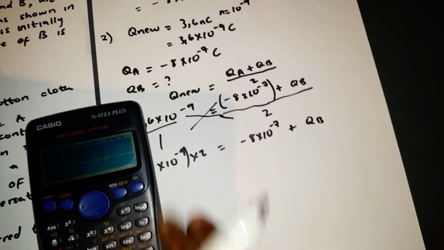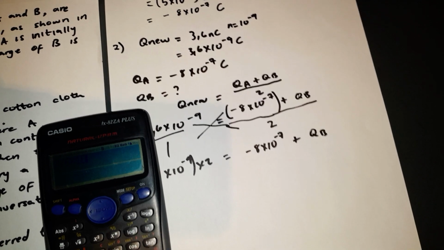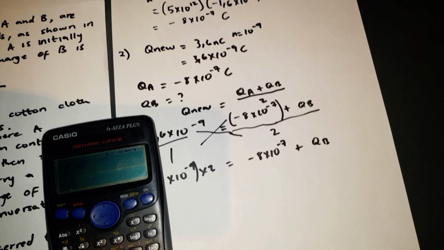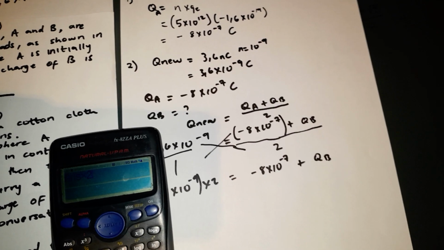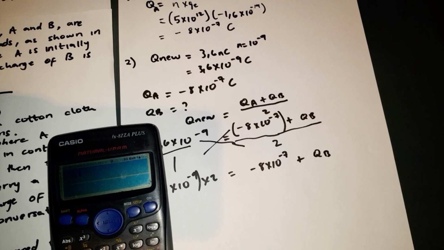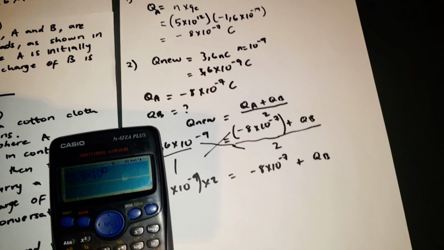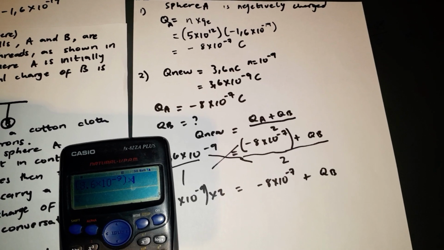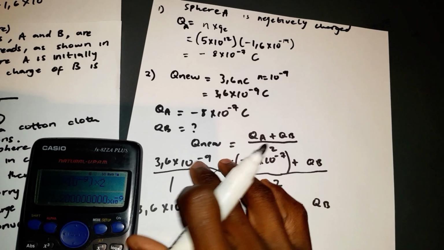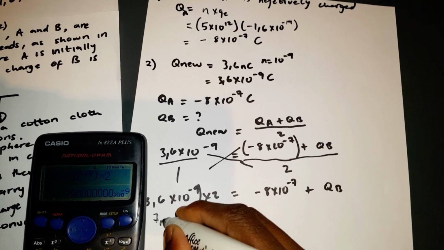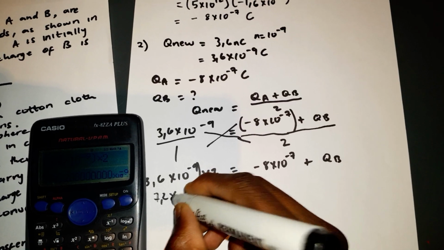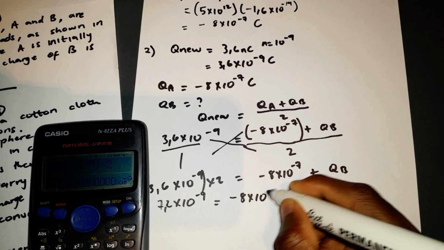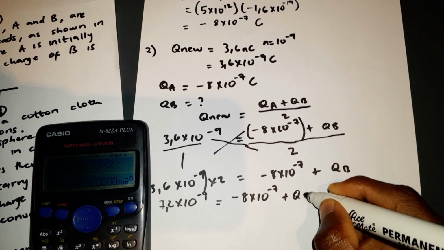So we have 3.6 times 10 to the negative 9 multiplied by 2. It's 7.2 times 10 to the negative 9 equals negative 8 times 10 to the negative 7 plus QB.